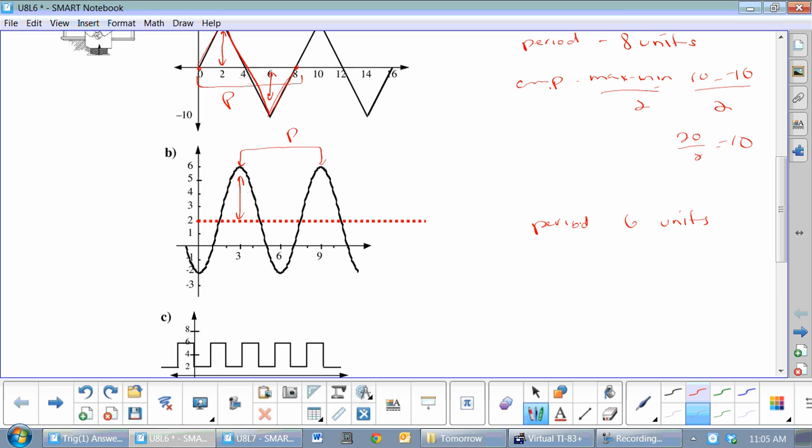What would be my amplitude? You can just look at it visually. What do you think your amplitude is? How many units from the midline up? 4 units. Or you could just do 6 minus negative 2 over 2, which is 8 over 2, which equals 4.